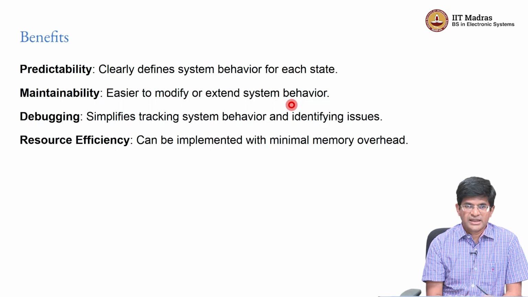And it is also a very efficient way to implement things. From digital systems, you already know that states can be represented using just log n flip-flops. If you have n different states, you can represent them using log n flip-flops.